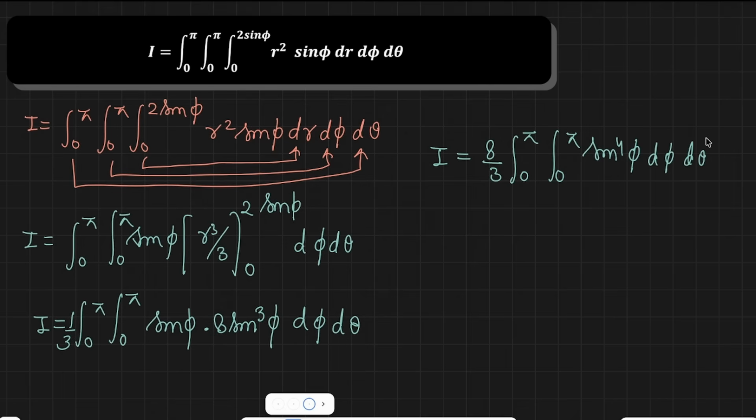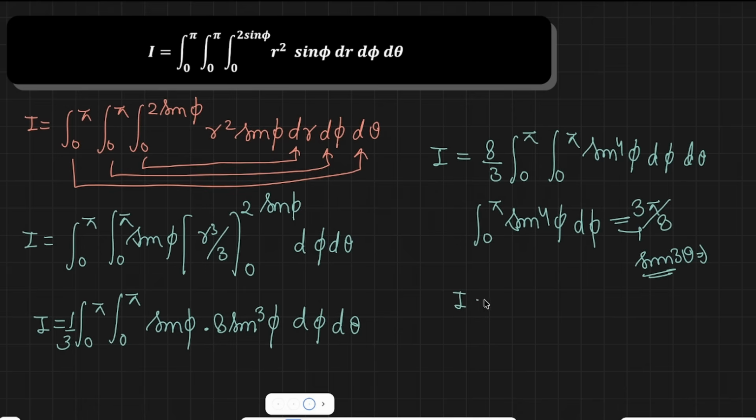Just see, from 0 to pi, this will be sine power 4 phi d phi, using the sine 3 theta formula, or you can also use the gamma function. When you use this formula, this is very easy. Just substitution, this is just integration, so you will get the answer 3 pi by 8.